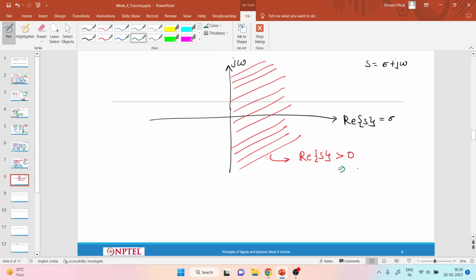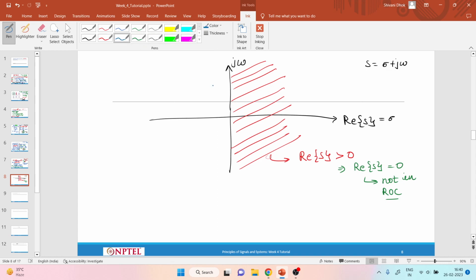It means the line corresponding to real part of s equal to 0 is not in the ROC. So this is not included in the ROC, which means that this Laplace transform is not converging at s equal to 0.